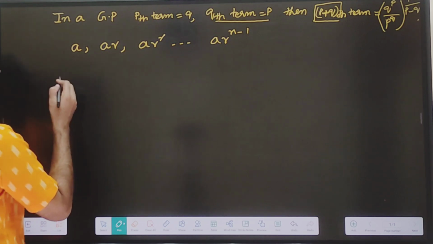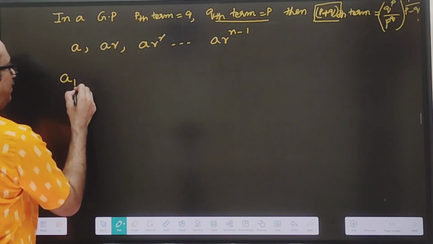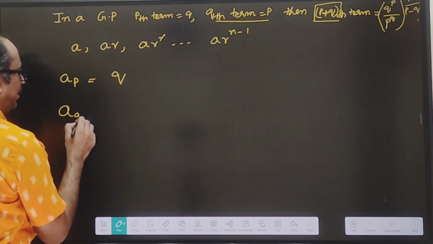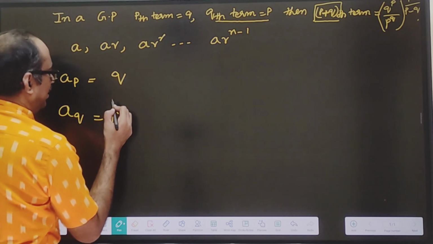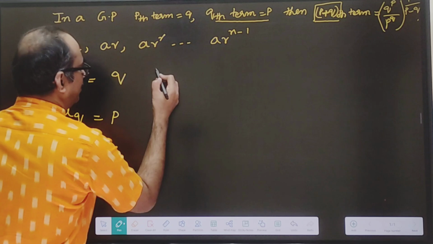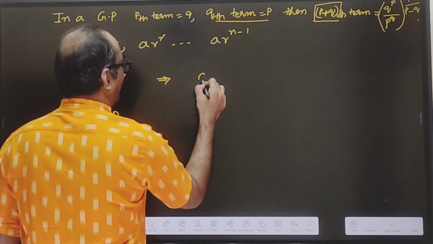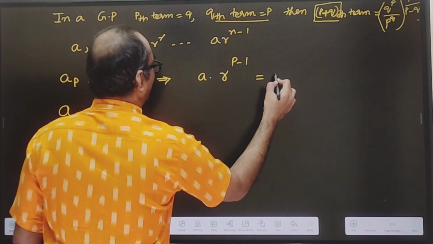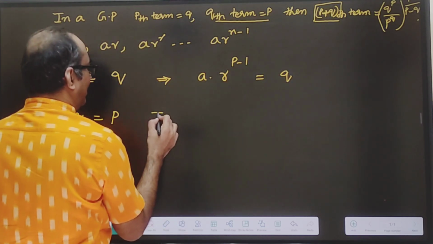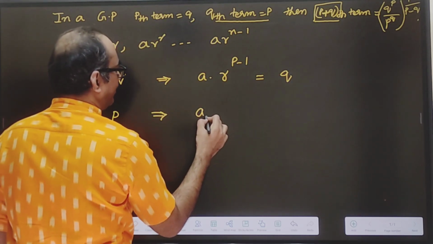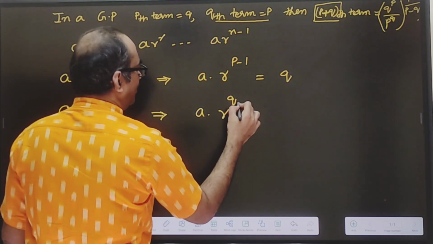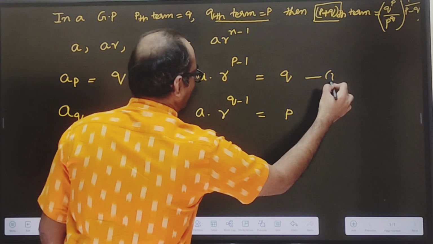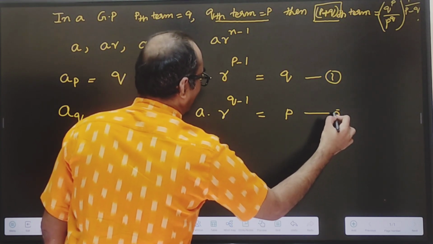Now, the first condition is the pth term is q: a_p equals q. The second condition is a_q equals p. Substituting in the formula, we will have a into r to the power of p minus 1 equals q. Similarly, for the second equation, we will have a into r to the power of q minus 1 equals p. This is our equation number 1 and this is our equation number 2.